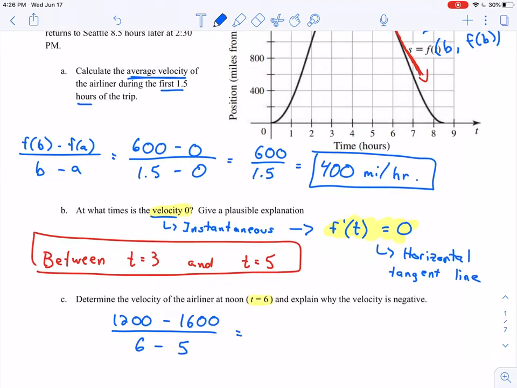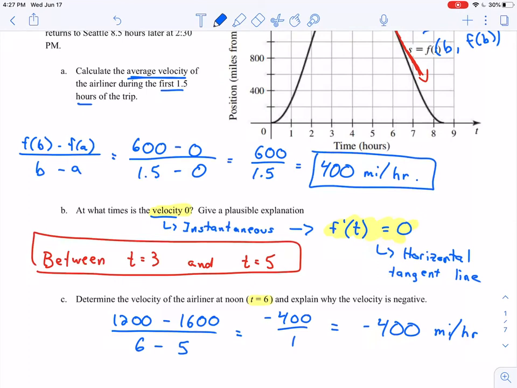So 1200 minus 1600, I will have negative 400 divided by 1, which gives me negative 400. Again, we're talking about a velocity, so let's give a unit: negative 400 miles per hour.